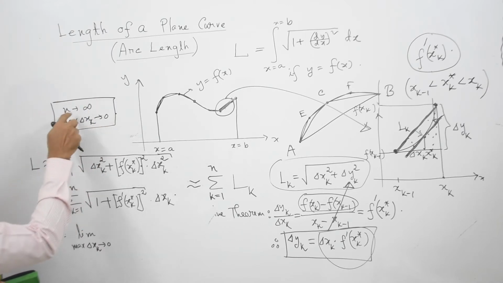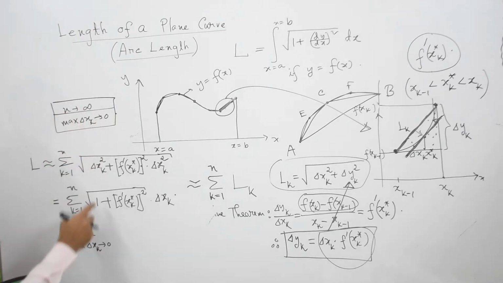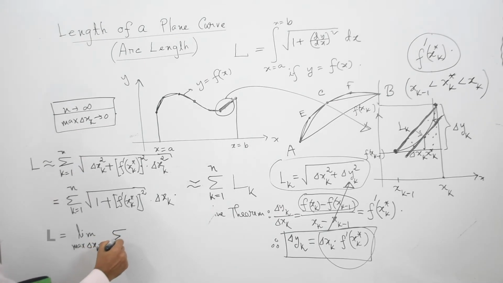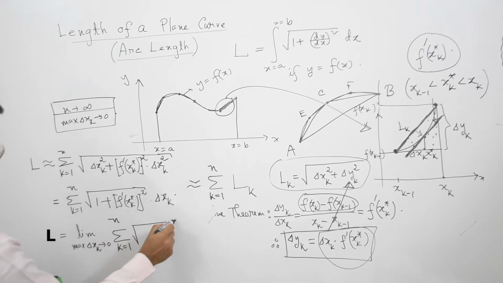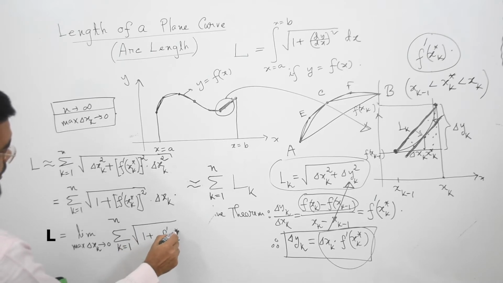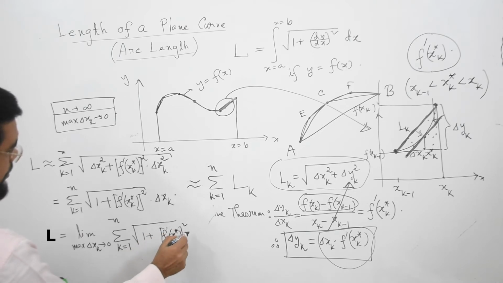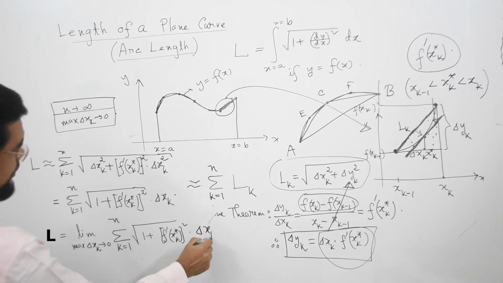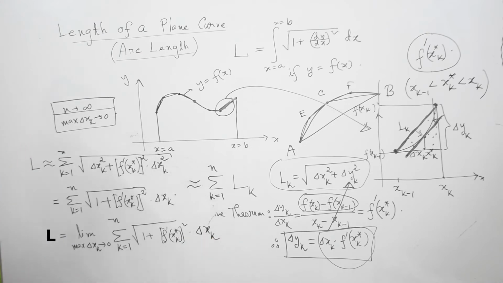So I can take the limit of any one of them. Let me put here max delta xk tends to 0, summation from k equal to 1 to n of square root of 1 plus f prime xk star whole square times delta xk.